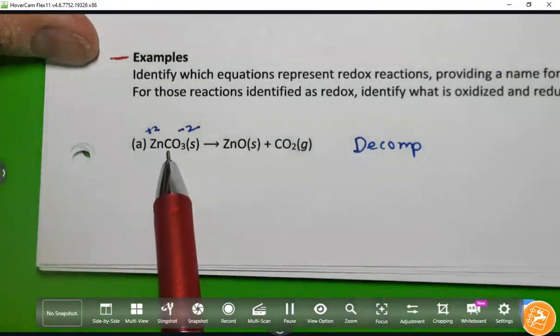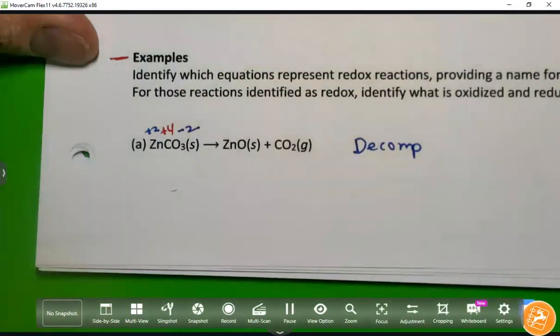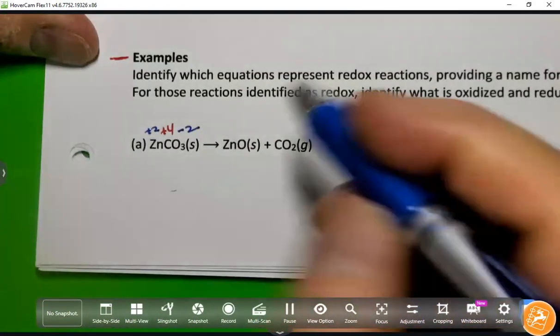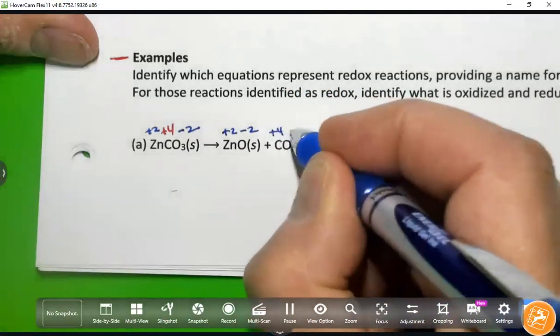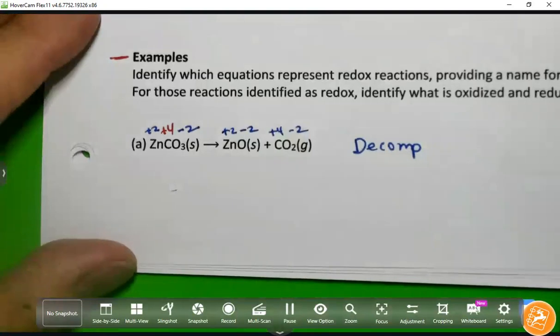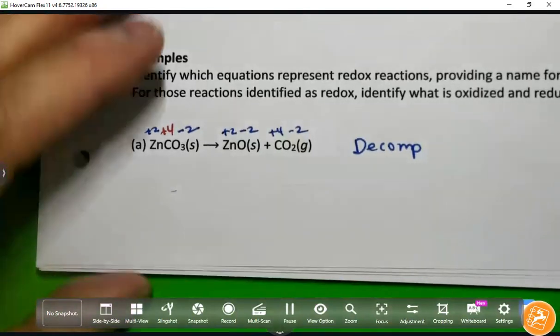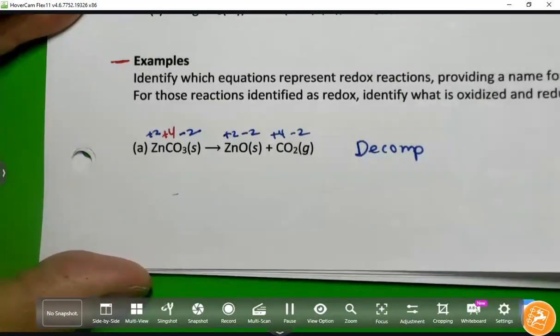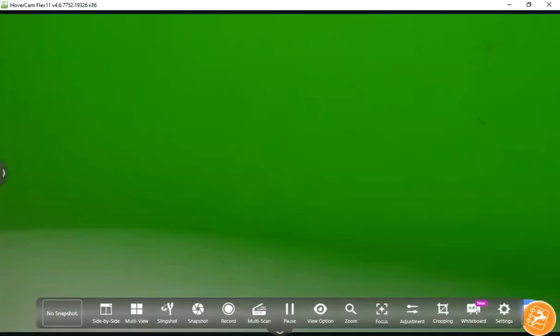That makes that carbon right there a +4. And we still have +2 and -2, and we have +4 and -2. So that is only decomposition. No oxidation reduction. Nothing is changing. Let's go to the next page.